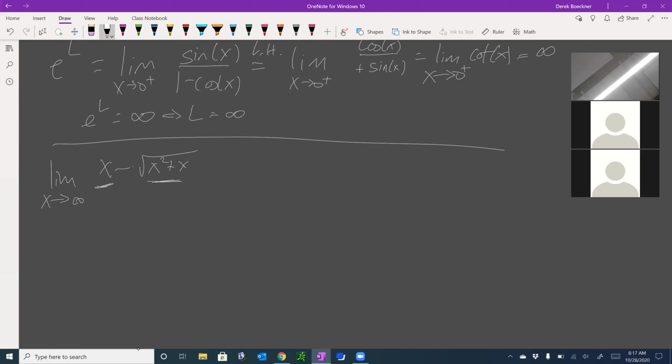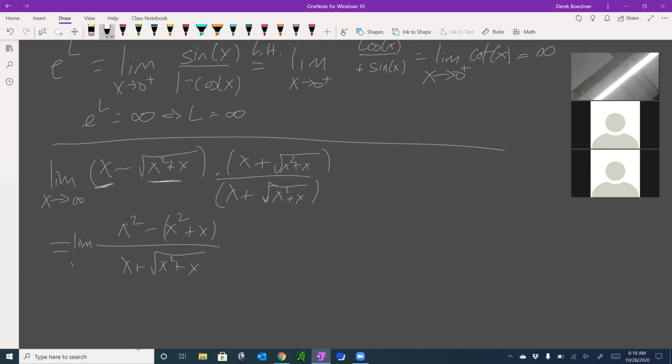Well, I need to use L'Hopital's rule somehow. So instead of doing the e to this stuff, which we could, the better route is to rationalize this. So we'll multiply by x plus the square root of x squared plus x over x plus the square root of x squared plus x, and I get x squared minus x squared plus x over x plus the square root of x squared plus x, limit as x goes to infinity.